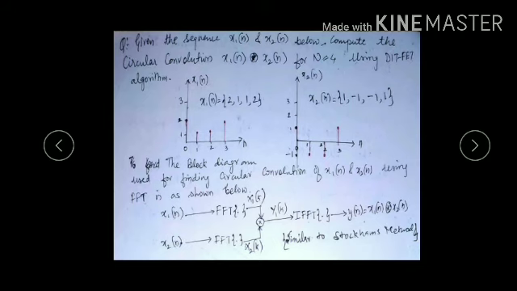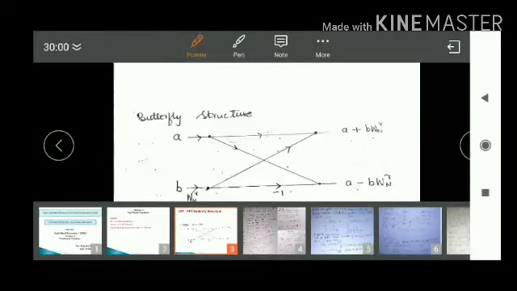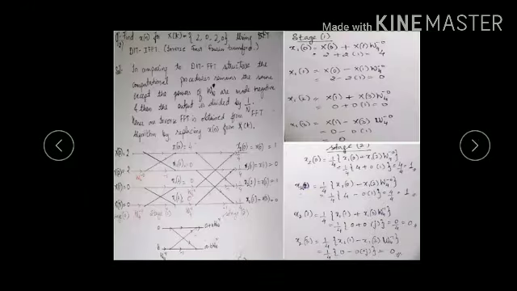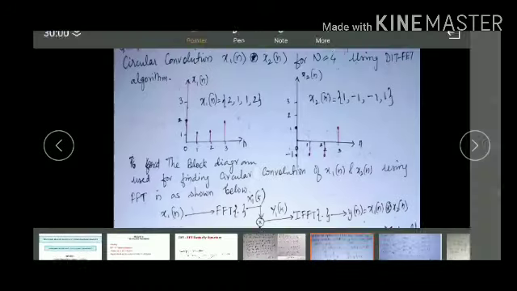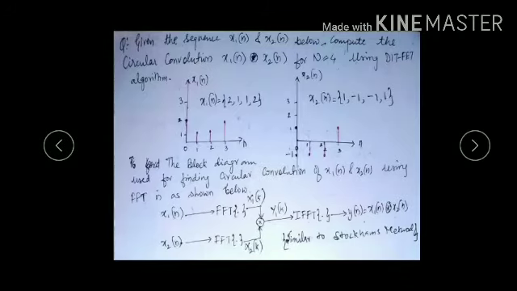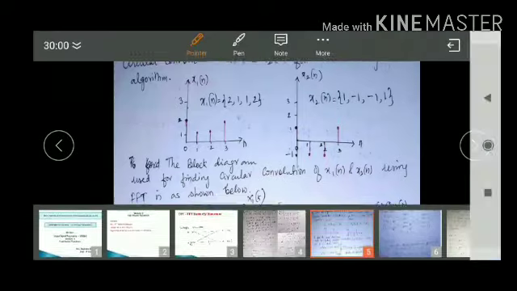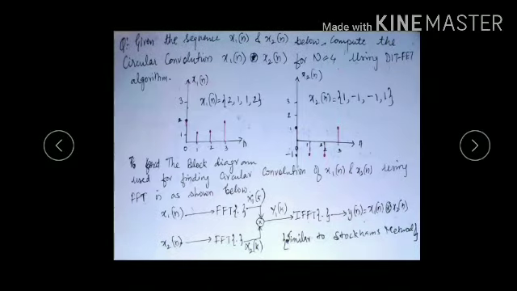The block diagram used for finding circular convolution of x1 of n and x2 of n using FFT is as shown below. x1 of n and x2 of n are the inputs. x1 of n, its DFT is x1 of k. x2 of n, its DFT is x2 of k.